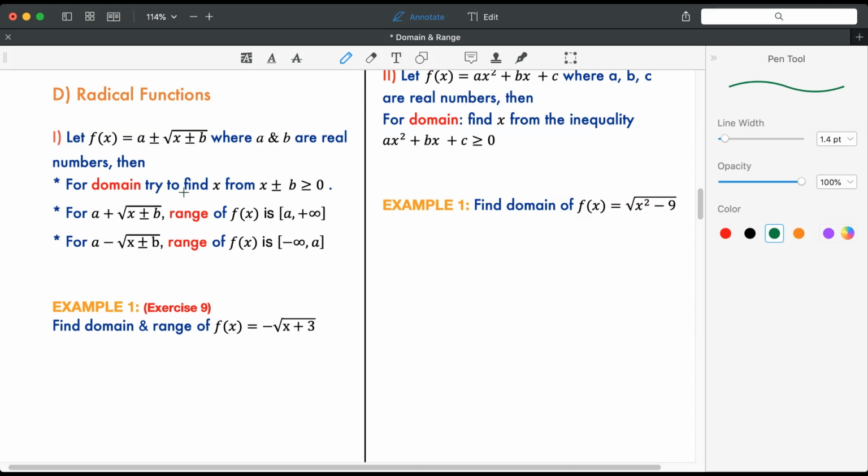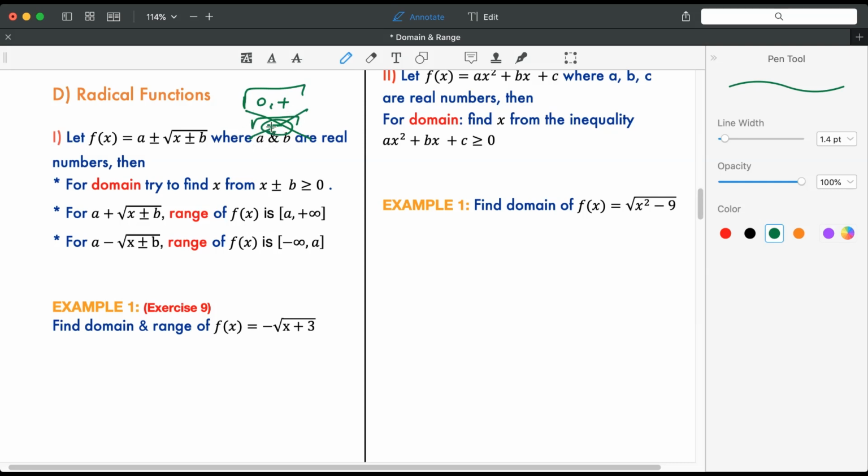Then the domain is, the radicals always have 0 or positive numbers under them. So we need to exclude those numbers that make the radicand negative. The radicand, the stuff in the radical, can never be negative. This is not possible. So we are going to exclude those numbers.